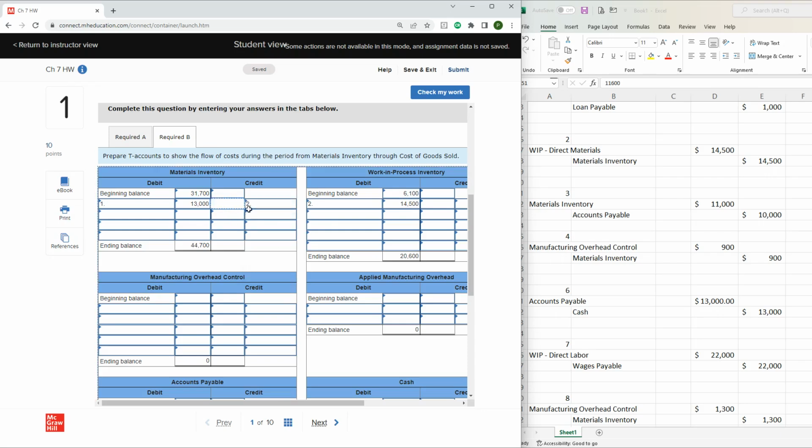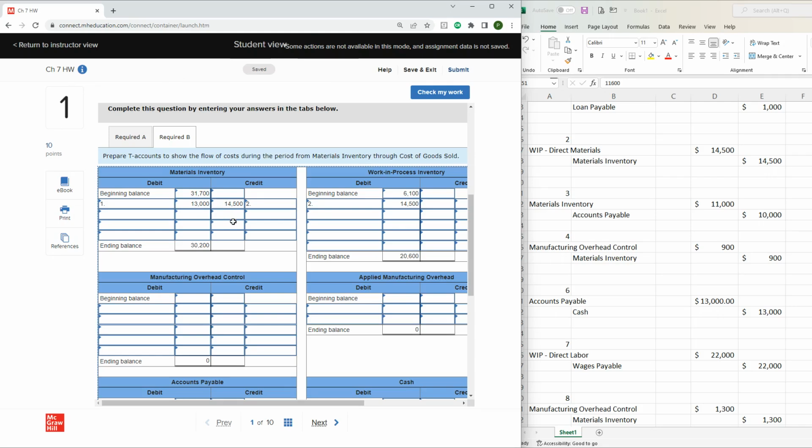And so they're putting it all on the same line as number 1, which ultimately is fine. If I'm doing it myself, I like to put each transaction separate, so I would put this 14.5 on another line. But since we're working within the confines of the software, then we're going to do it the way that they want it. So that's number 2.